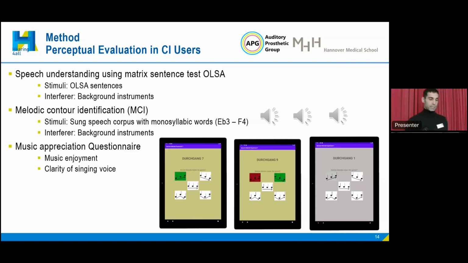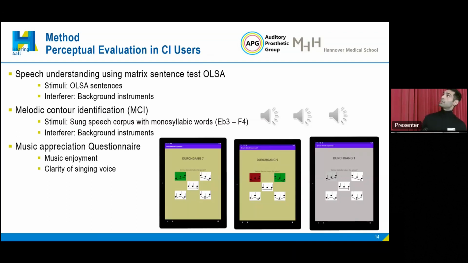As a second test, we have used a variation of melodic contour identification, which you can see here in 3 figures. The subject first did 3 rounds of training where they received feedback, as you can see, correct or wrong. And after the training, they started the test where they received no feedback.